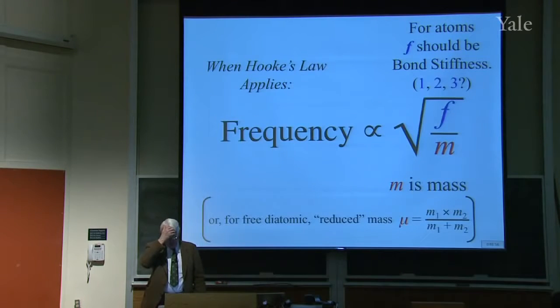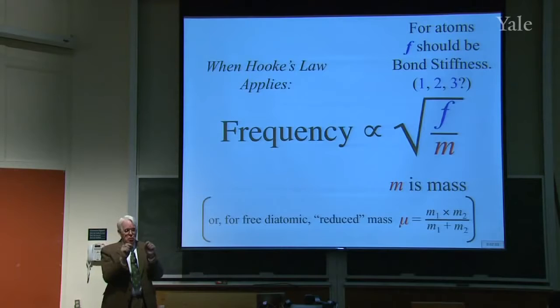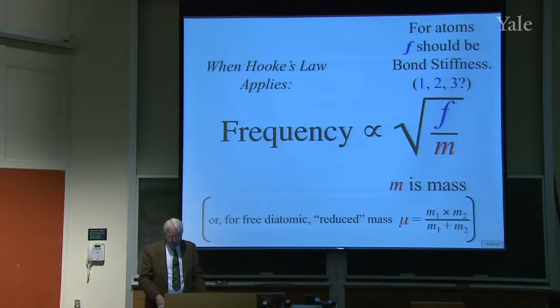Now, with respect to the mass, things get more complicated because it's not just one atom that's moving. Usually it would be at least 2 atoms that are moving, okay? And then what do you use for the mass? It turns out that in a diatomic, what you use is called the reduced mass. It's the product of the two masses divided by their sum. And we don't need to go into why that is.